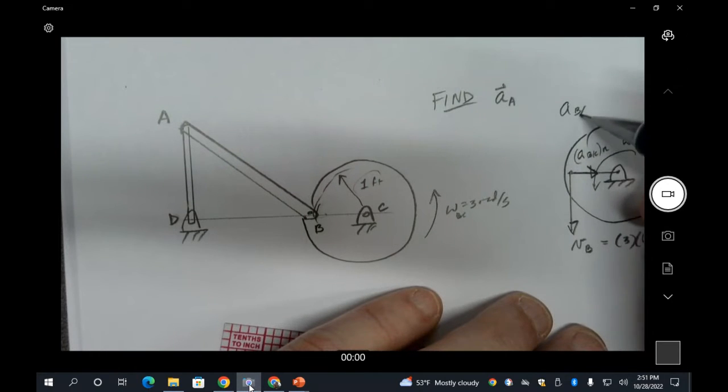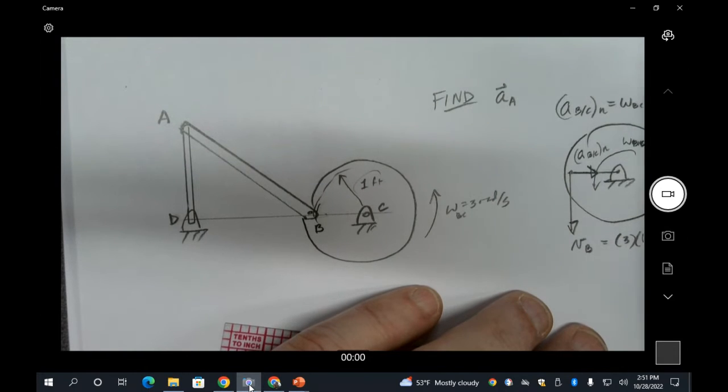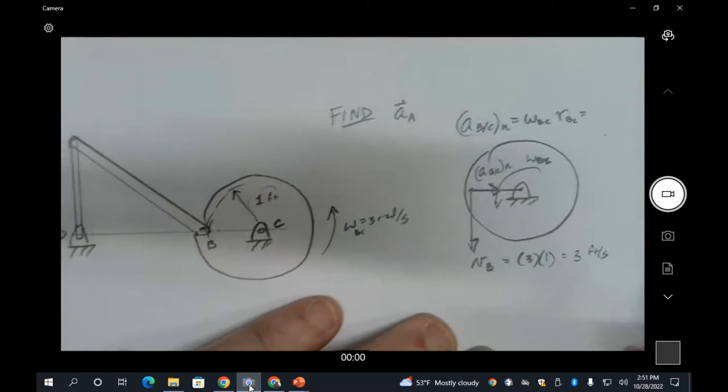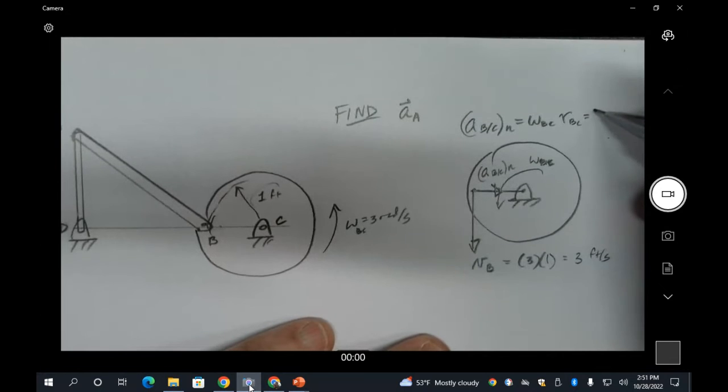So that acceleration of B with respect to C in the normal direction is also equal to the acceleration of B, which is entirely in the x direction, and that's going to be omega BC squared times the radius BC. So this is going to be 3 squared times 1, or 9 feet per second squared.